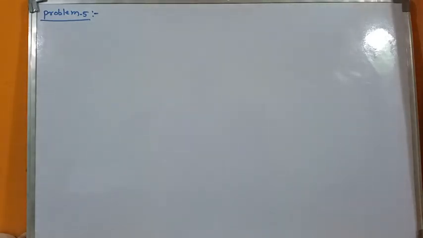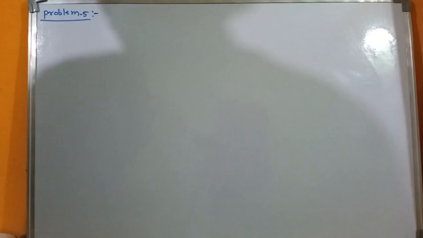From laws of motion, problem number 5 in problems. So the question is, a man in a lift feels an apparent weight W when the lift is moving up with a uniform acceleration of 1 by third of the acceleration due to gravity.